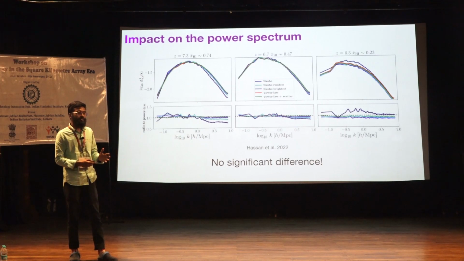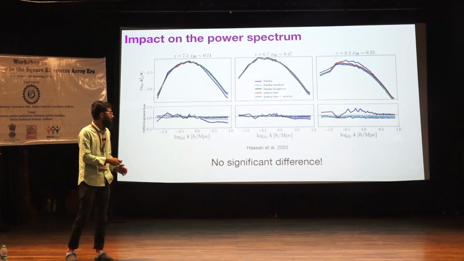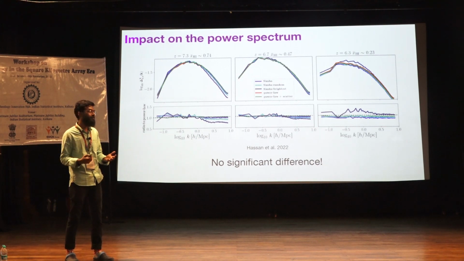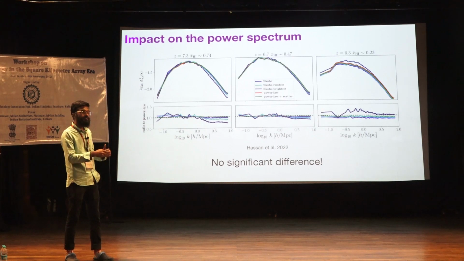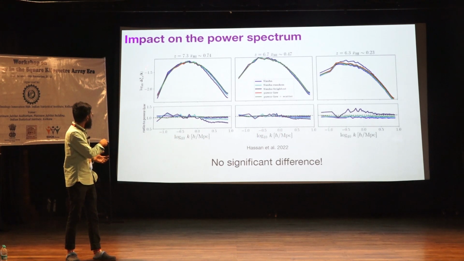This kind of study has been done previously, for example by Hassan et al. What they showed is that even if we introduce this scatter, it doesn't have a very significant impact on the power spectrum, which is the 2-point statistic. Here they show the power spectrum of the ionization field for different redshifts, which have different neutral fractions.